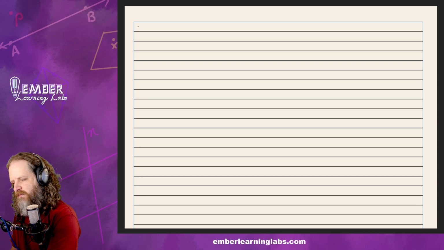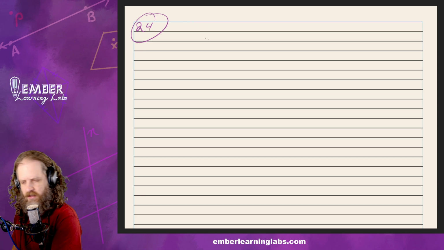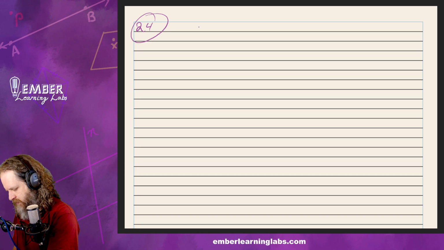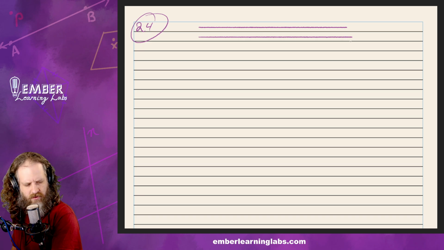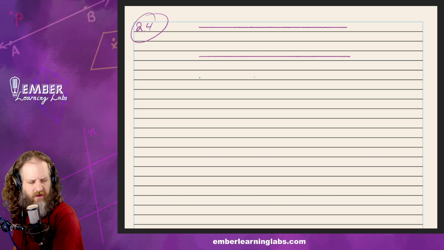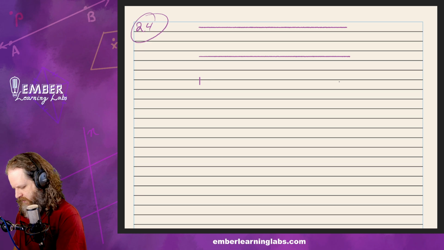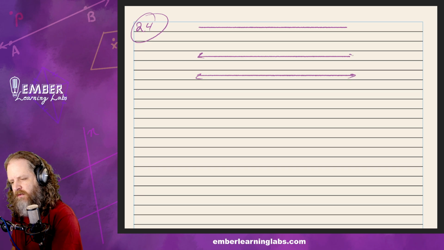So number 24. We've got 3 transversals. 1, 2, 3 lines. It is given that they're parallel, right? This one, this one, this one, this one, this one.